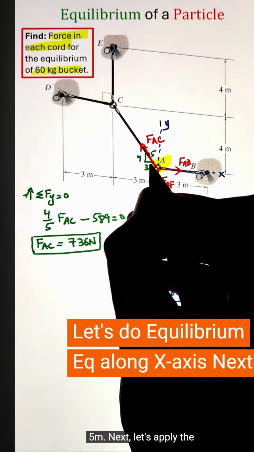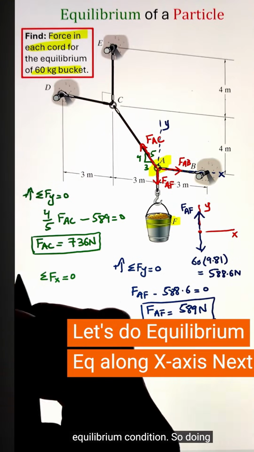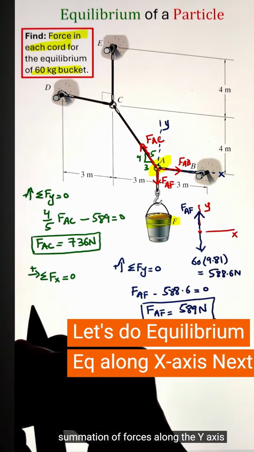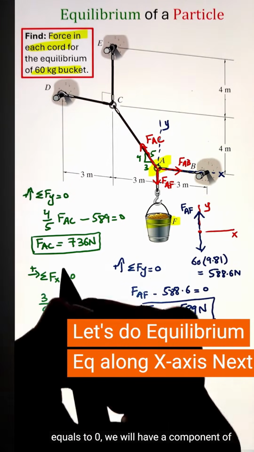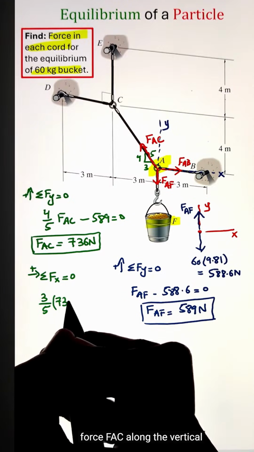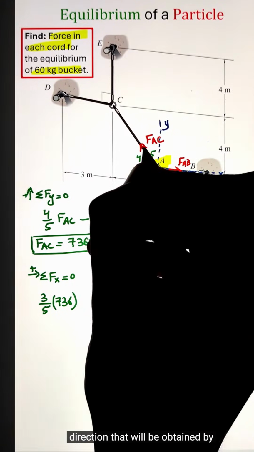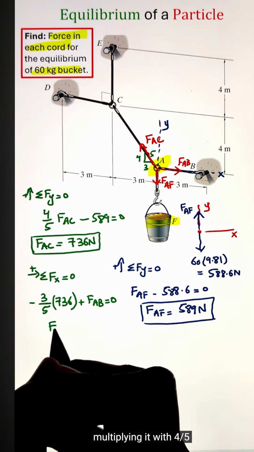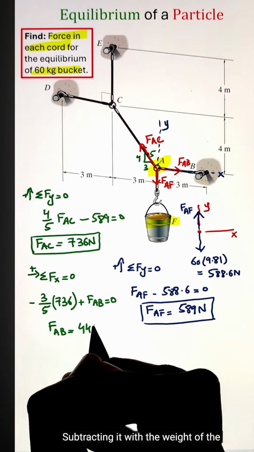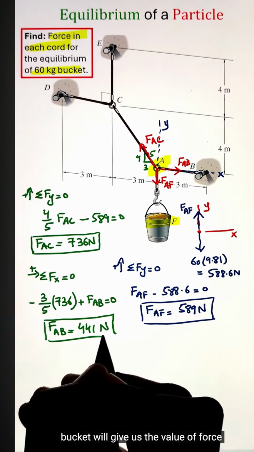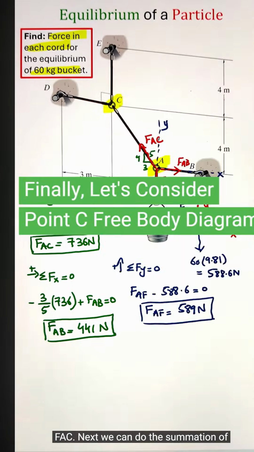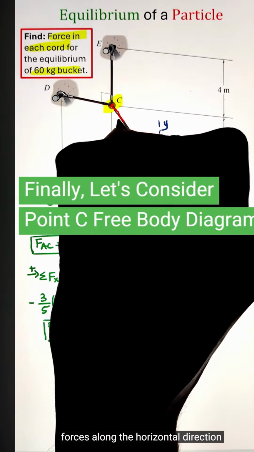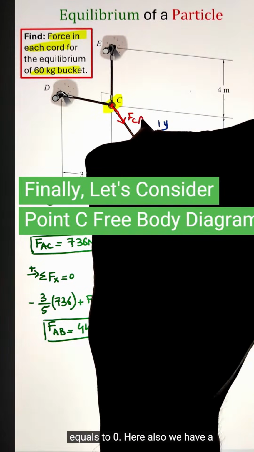Next, let's apply the equilibrium condition. Doing the summation of forces along the y-axis equals 0, we will have a component of force FAC along the vertical direction that will be obtained by multiplying it by 4 over 5. Subtracting the weight of the bucket will give us the value of force FAC. Next, we can do the summation of forces along the horizontal direction equals 0.